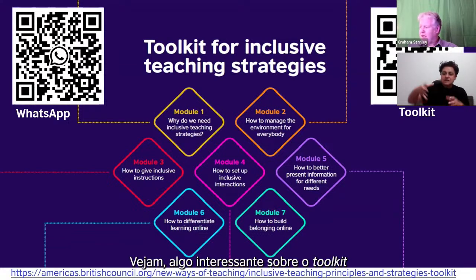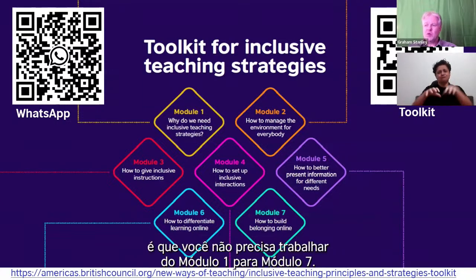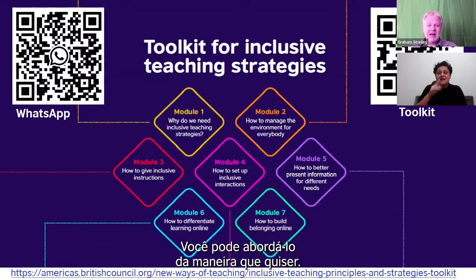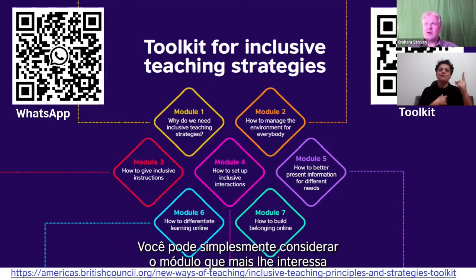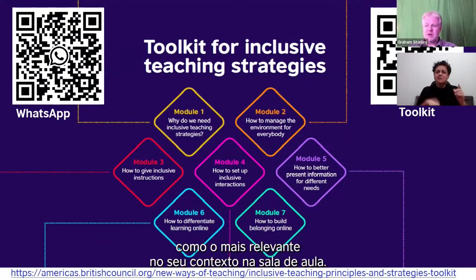Now, the interesting thing about this toolkit is that you don't have to work from Module 1 to Module 7. You can approach it in any way you like. You can just look at the module that most interests you as most relevant to your own context and your own classroom.